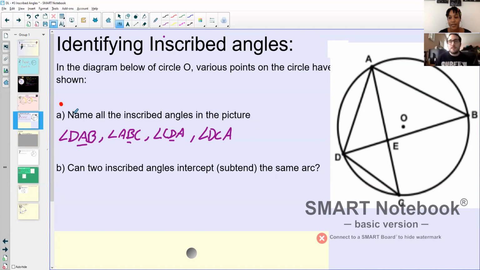So is that possible? If you think it's possible, give us an example from this picture. If you were to trace the two inscribed angles, can they both share an arc? Meaning, can they both share a pizza crust?